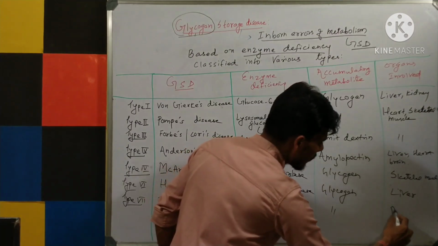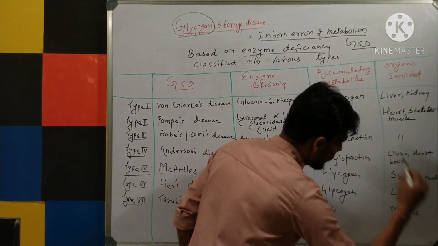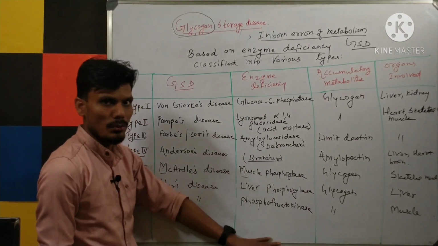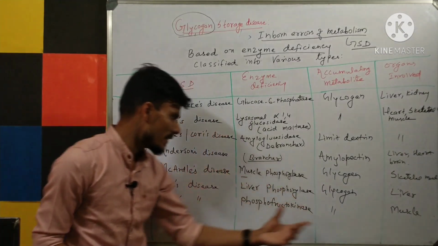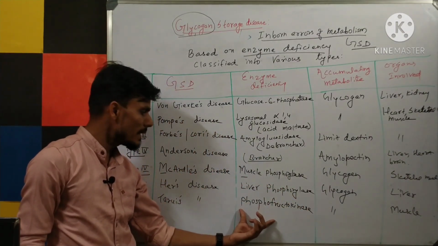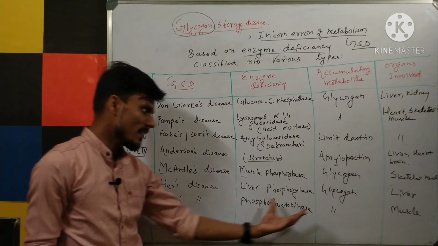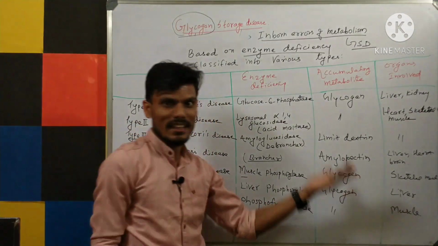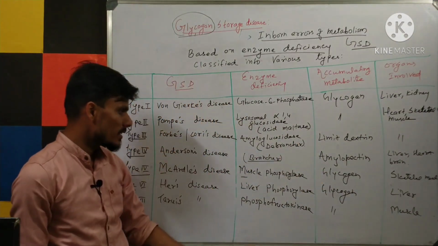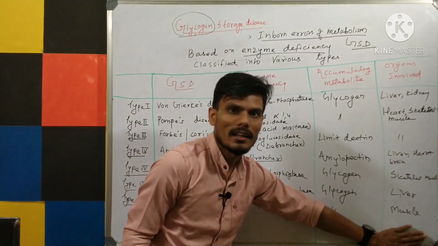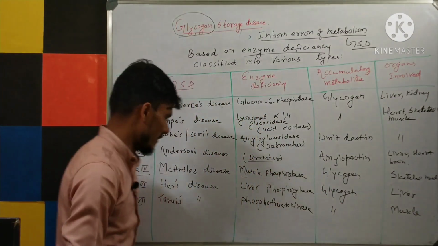In this case also, the muscle is affected. In type 7 also, muscle is affected. The enzyme deficient is phosphofructokinase, the accumulating metabolite is glycogen, and the muscles will be affected.